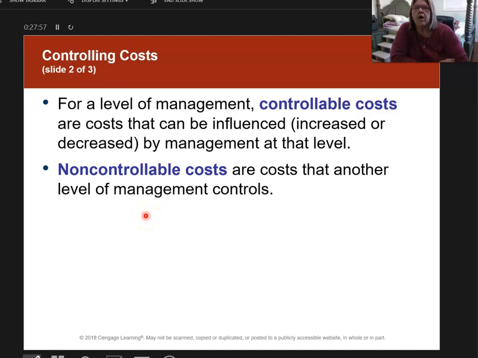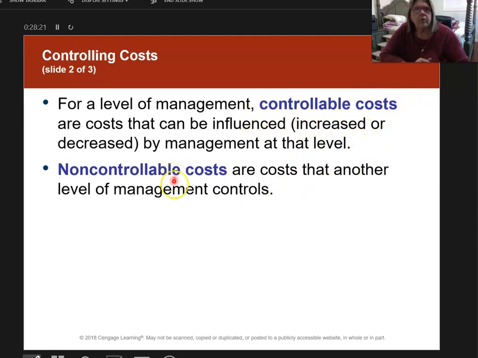Controllable costs, just so you understand, are usually controlled by management at the level they're incurred at. Non-controllable costs are usually controlled by higher levels of management. So as a frontline manager or a department manager, your controllable costs are only the ones that you incur in your department.